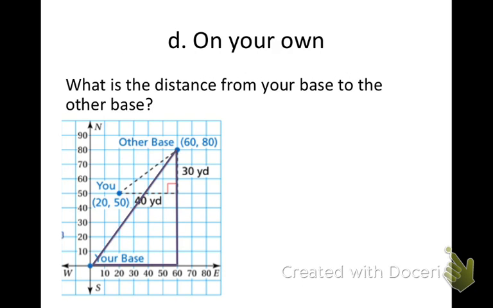Okay, so now you are going to try one on your own, and this says, what is the distance from your base to the other base? So here's your base, and here's the other base. So I've made my purple triangle, so we're not going to use those numbers that they had before.